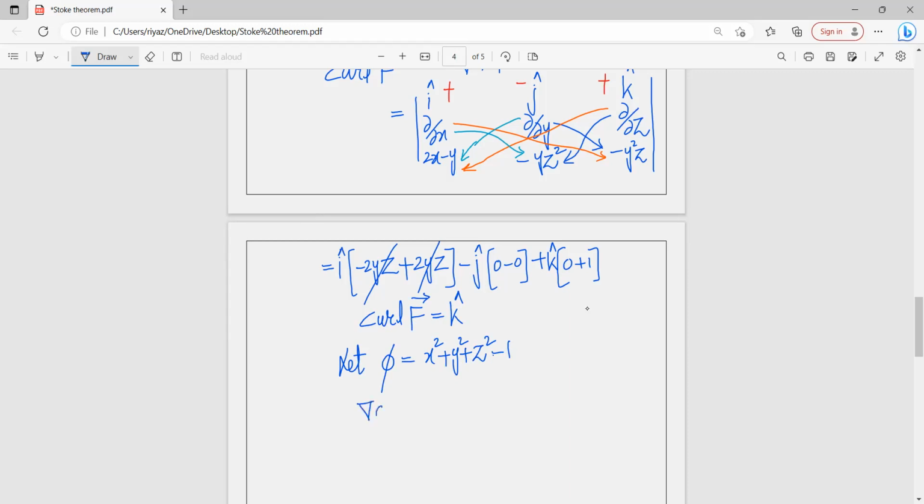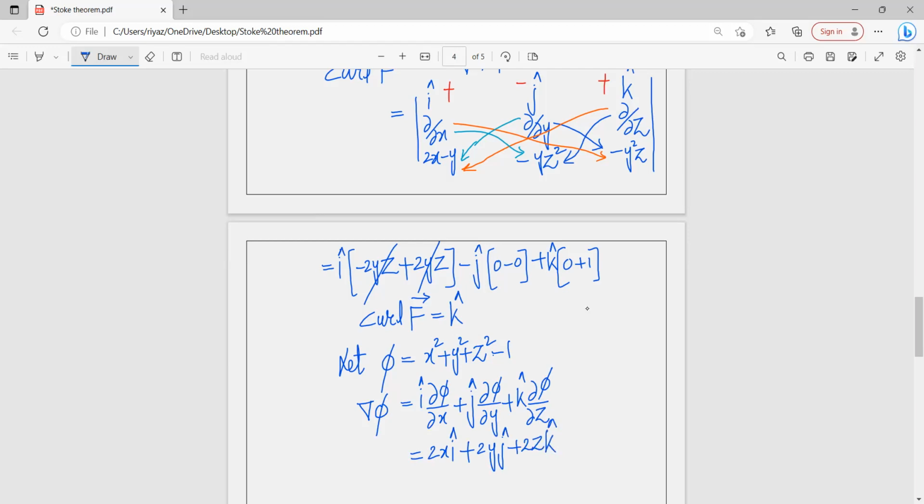Del phi is i cap dou by dou x of this value phi plus j cap dou by dou y of phi plus k cap dou by dou z of phi. What are the answers now? With respect to x is 2x, so we get 2x i cap, 2y j cap plus 2z k cap.